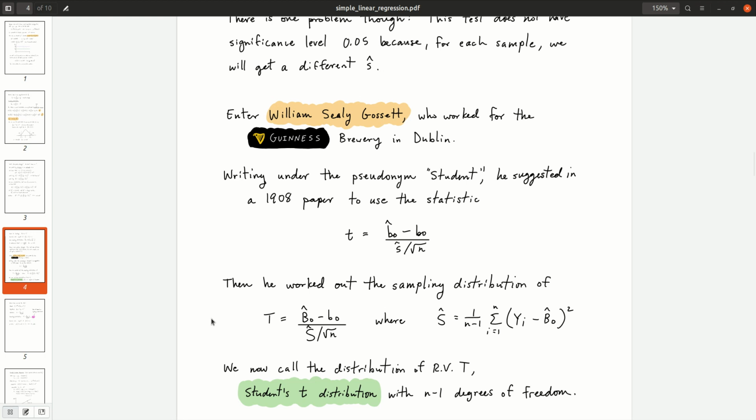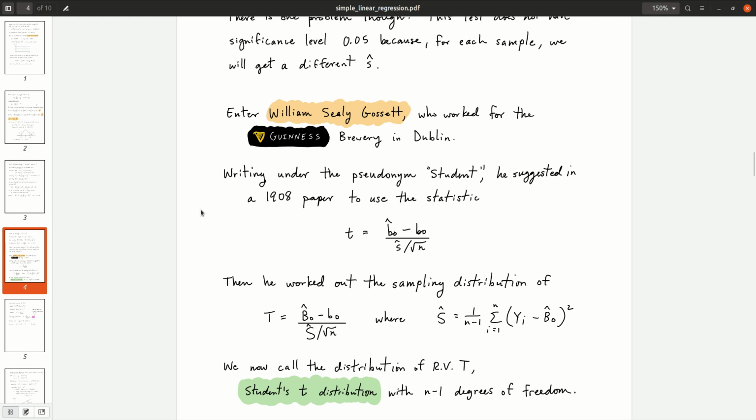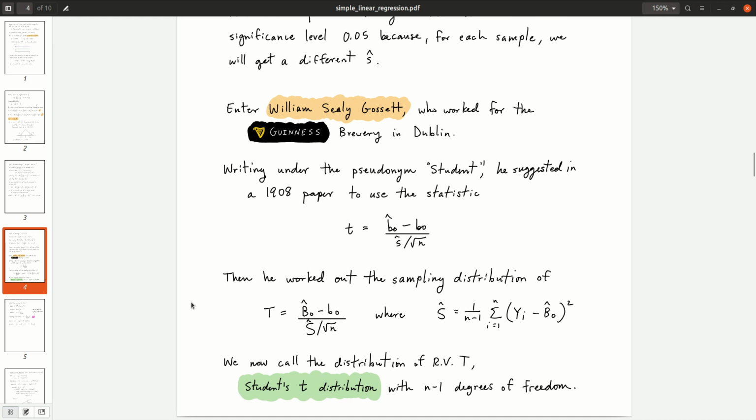And we now call this the distribution of this statistic Student's t-distribution, to remember the pseudonym that Gossett used in his paper. This distribution is slightly different from the normal, first of all, and it has an additional parameter called the degrees of freedom.